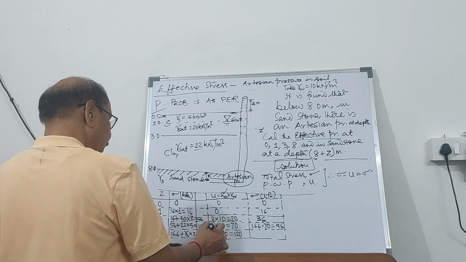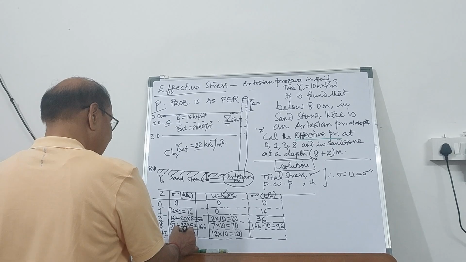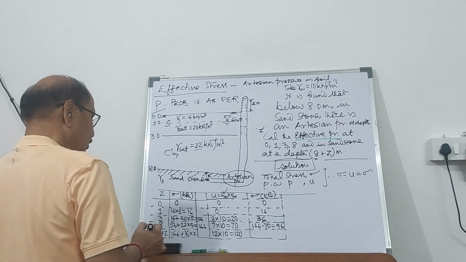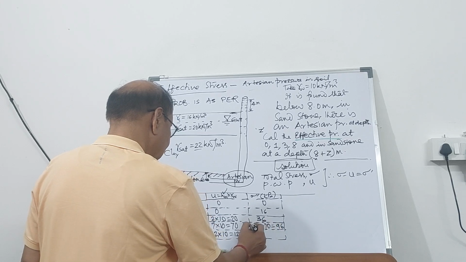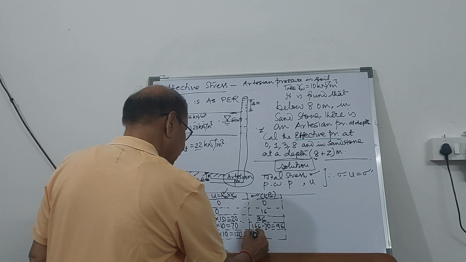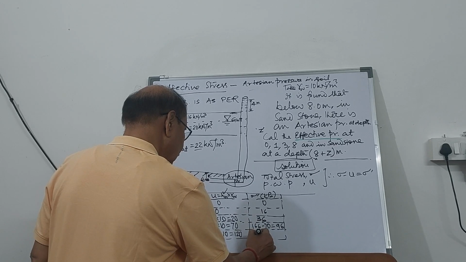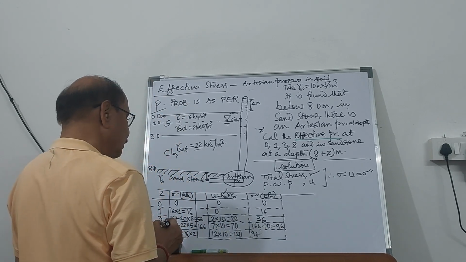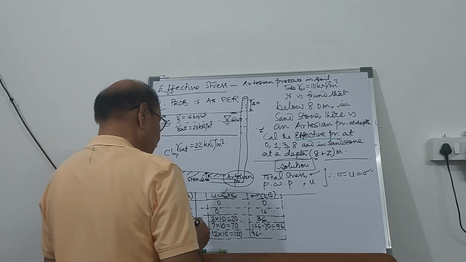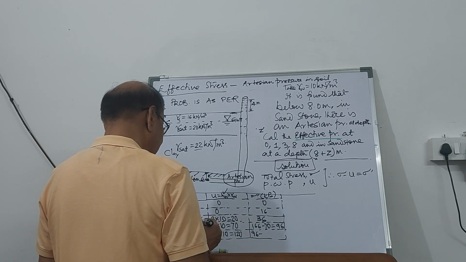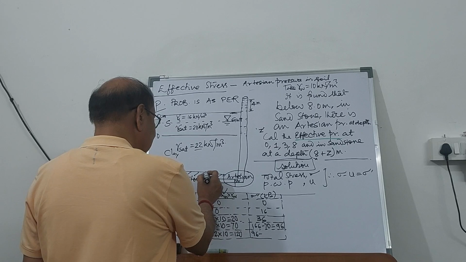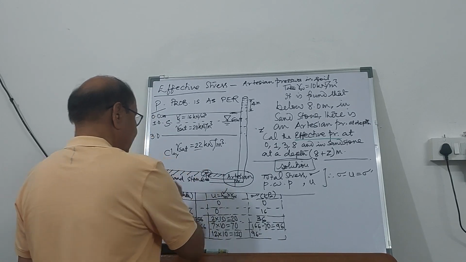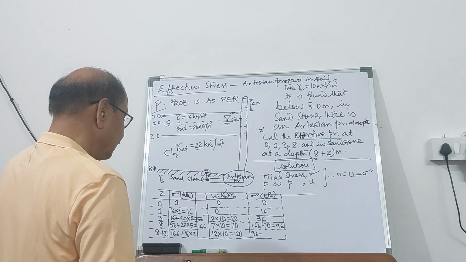Now, the total pressure is 166. Here, the effective pressure is 96. So 96 is the effective pressure, right? So if you are going very near to that, or you can say, if the point lies just here, then what will happen?